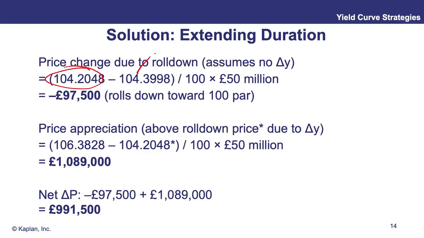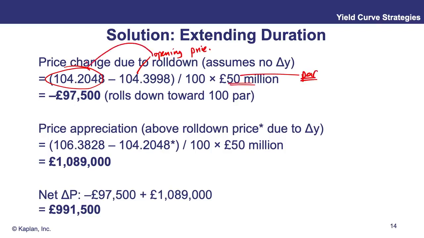Compare that to the opening price. These prices are for £100 of par, so that's the change for £100 of par. If we divide by £100 of par, then we've got the change in value of £1 of par. Then we can scale up by the 50 million par that we hold. We're looking at the change in price essentially due to roll down.